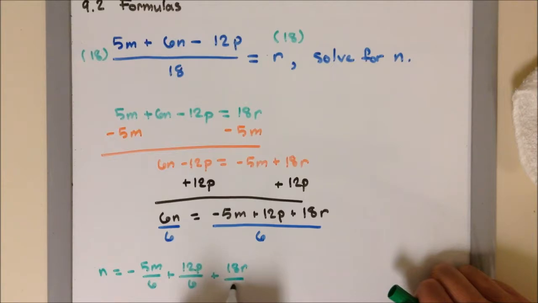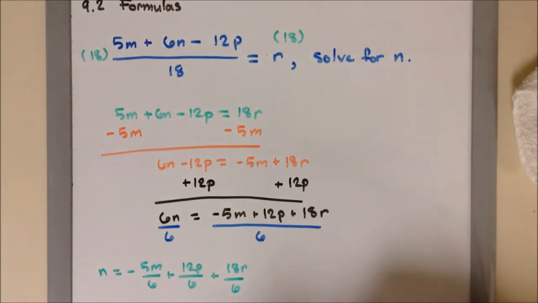18r over 6. Alright, so the only two fractions I can actually simplify are these two, because 6 can go into 12 and 6 can go into 18.